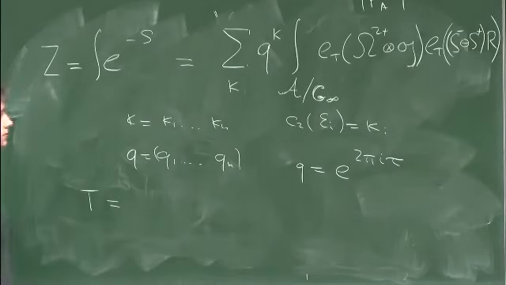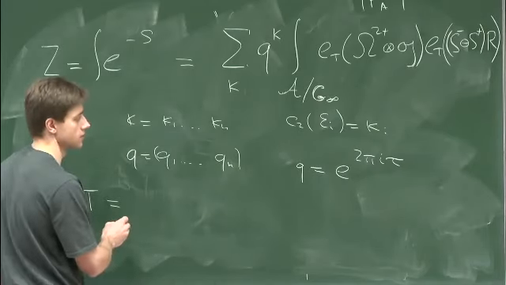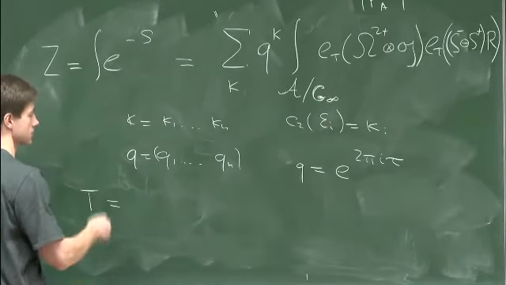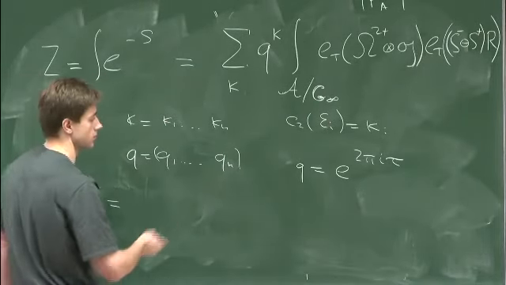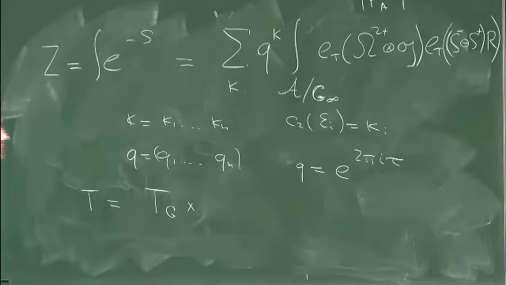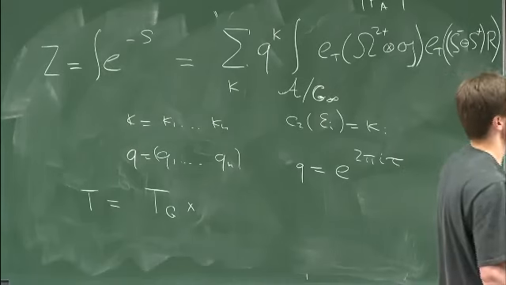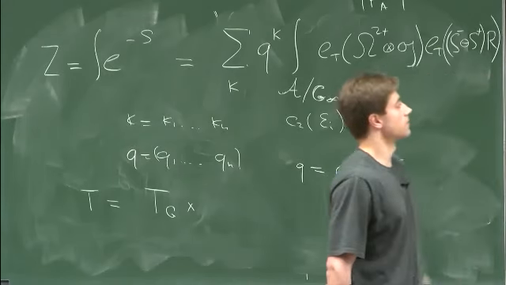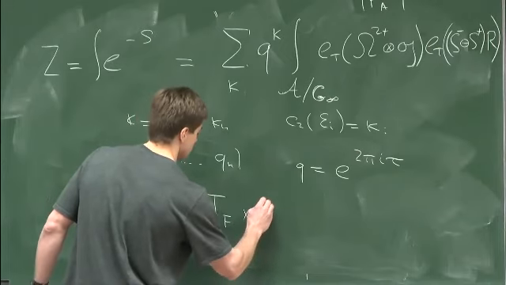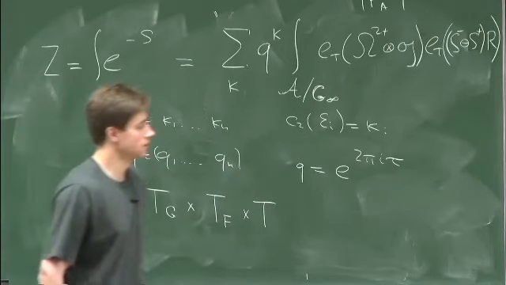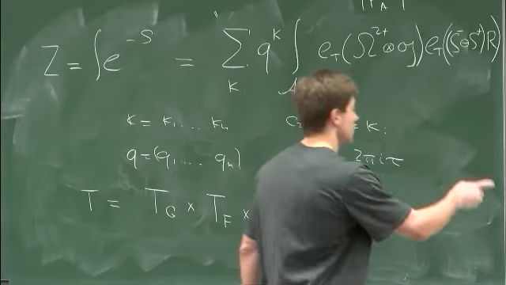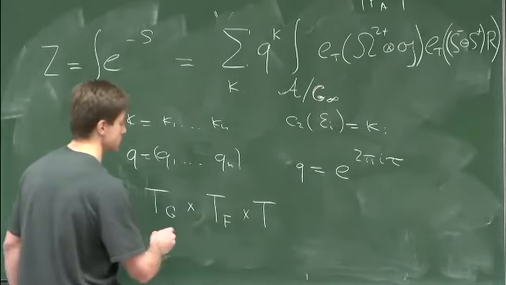T is the following torus. It's the maximal torus of the gauge group at infinity, which is not included into this factor. So it's the finite gauge group, the product of U(N)s, times the torus associated to the flavor symmetry, whose parameters are masses, and the torus associated to the SO(4) action on the space-time, whose parameters are epsilon 1, epsilon 2.